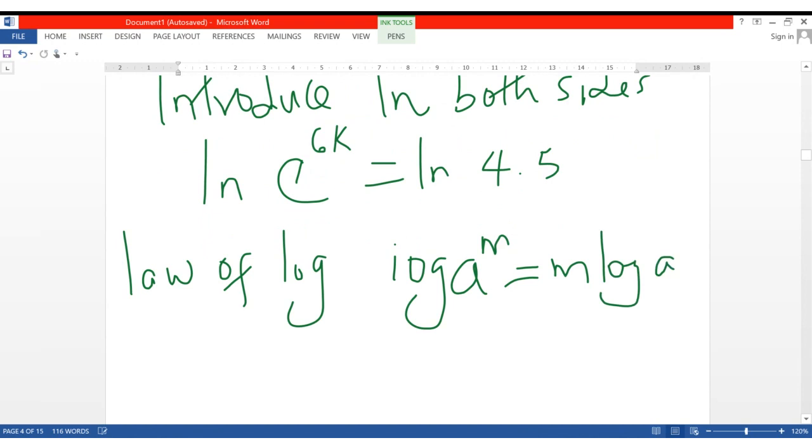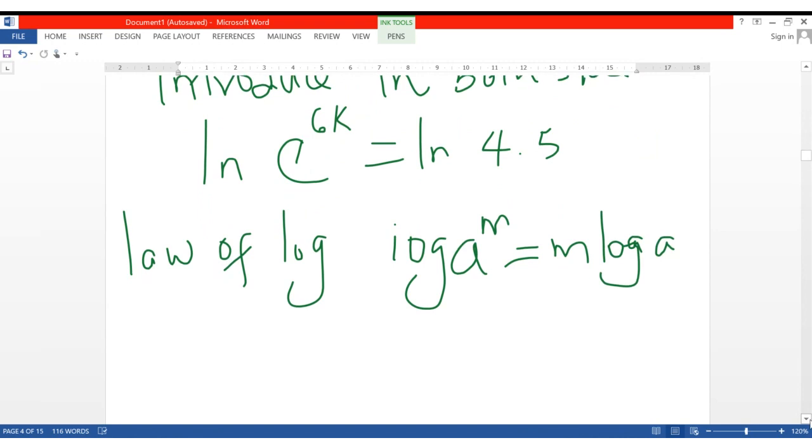Basically, the power comes in front. So that's what we incorporate. To make our work easier, when you introduce ln to exponential, let's say ln of e raised to power b.